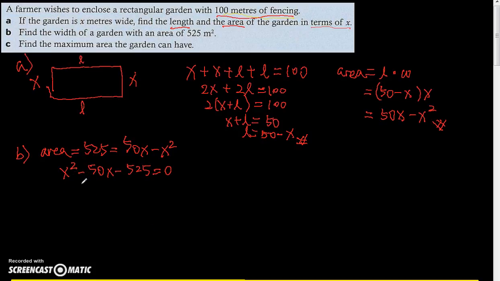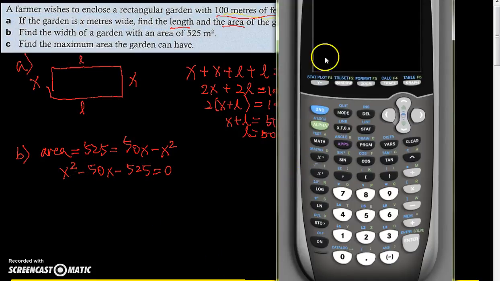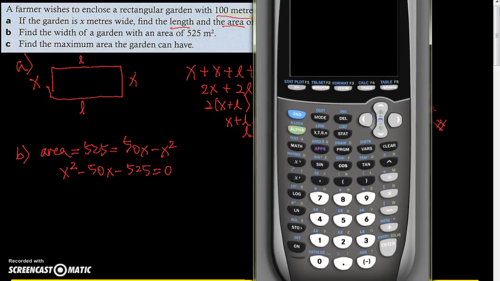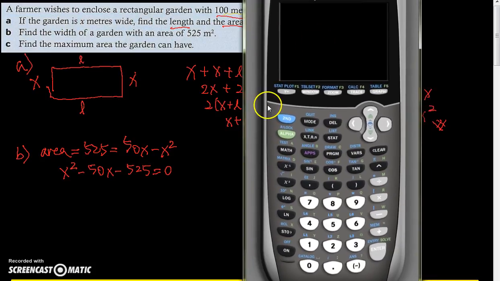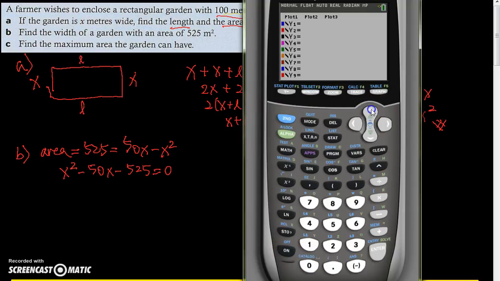Let me open up my calculator. I think you guys should also take out your calculator and follow along with the instructions I have here. Once you turn on your calculator, you should see something like that, and then go to your y equals, and just put in your equation.